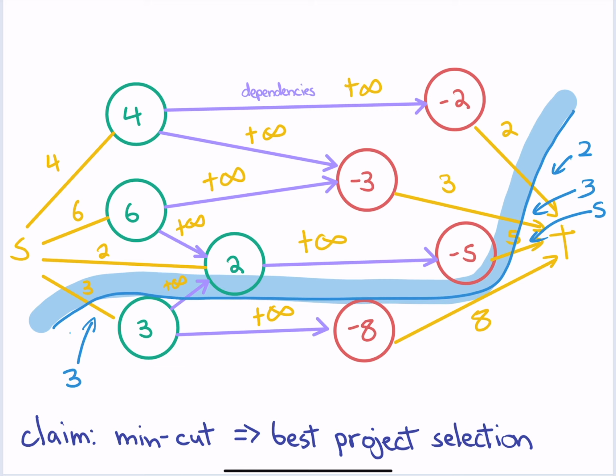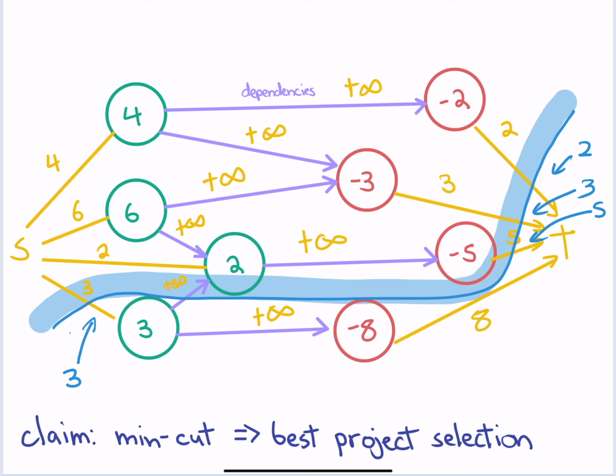And what is the cost of the cut? First, on the right, we're adding up the costs of our expensive projects, right? The -2, -3, -5: 2 plus 3 plus 5. And we also pay the cost of any profitable project we leave out. I leave out 3.